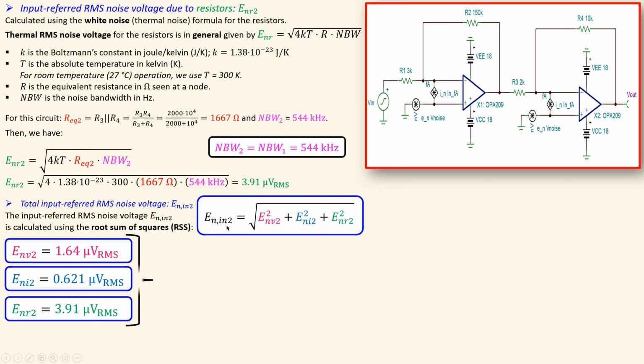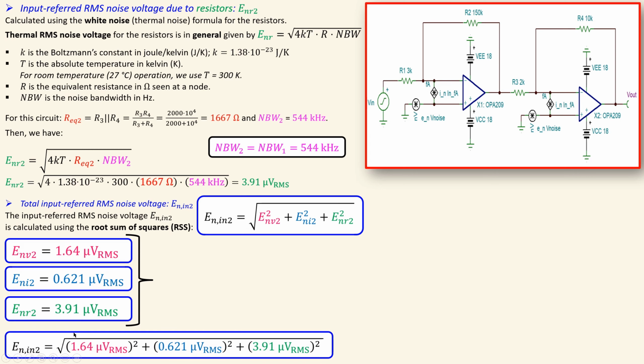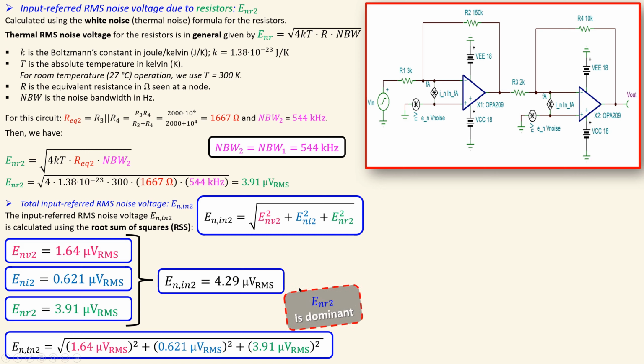Now, take them together using this formula. You will have this expression, and that will give you, if you do the math, 4.29 microvolts RMS. Okay, that is the input referred RMS noise voltage due to the second stage. And again, you see the largest value, due to the resistors, will dominate, because this is much closer to that one.